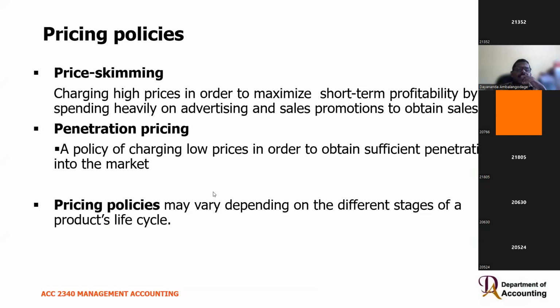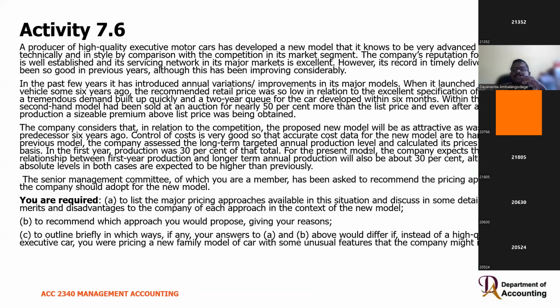For the A part, the question is to list the major pricing approaches available. So we can write that the business is facing a price setting situation, so you can go for cost plus pricing, either variable cost plus or full cost plus pricing.